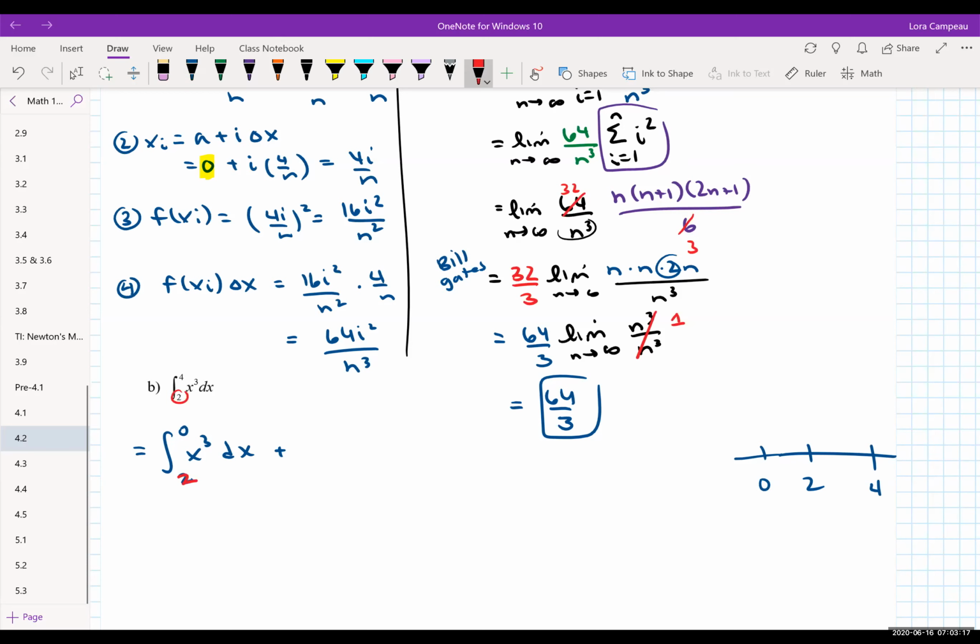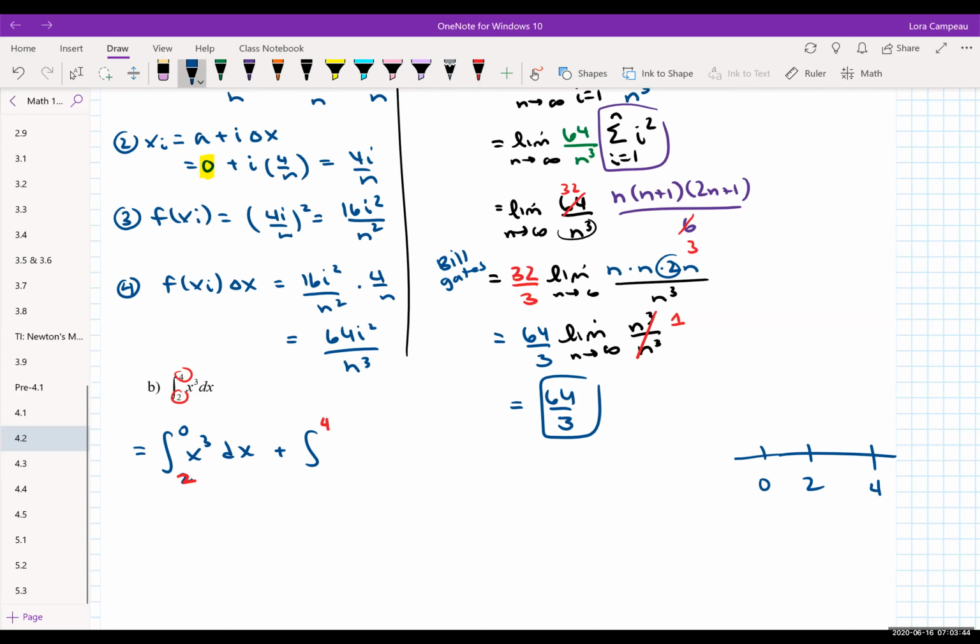I'm still preserving the lower limit, which was originally lower. I need to preserve that. And I want to mark that so you guys can all see. Here we go. I still want to preserve the upper limit, so I want to see this 4 going on.